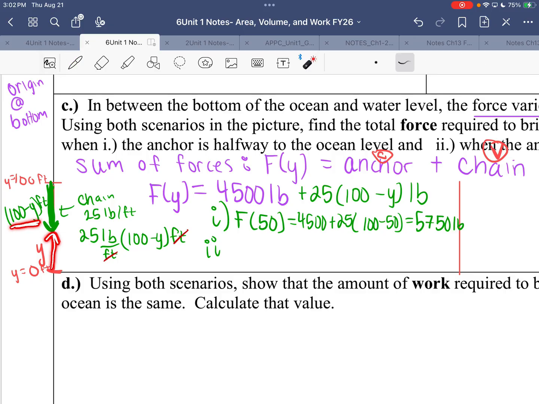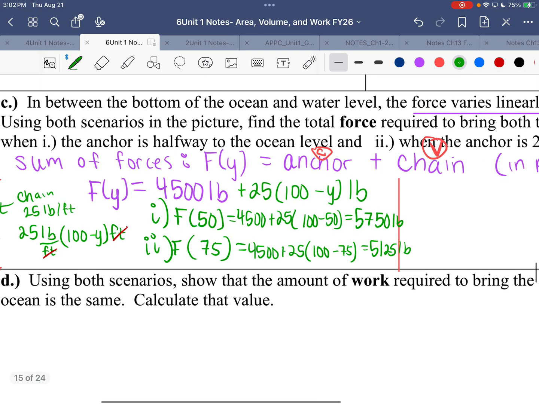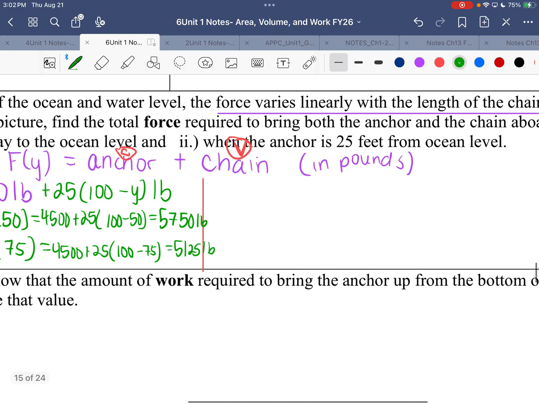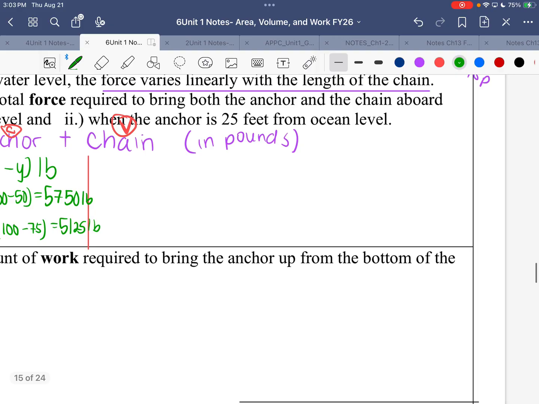So 100 minus 25 is 75. Plugging that in on the calculator.